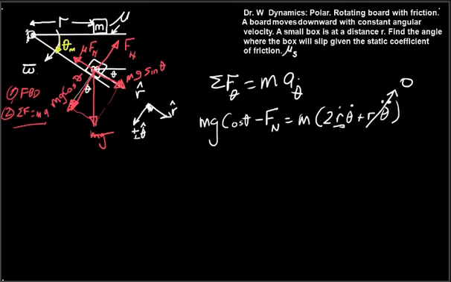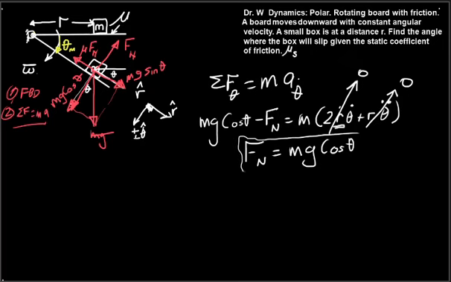And it's not sliding yet, so r dot is 0. So it turns out F_N will be mg cos theta. It's non-accelerating, so that's similar to a statics solution that you might have seen for inclined planes.